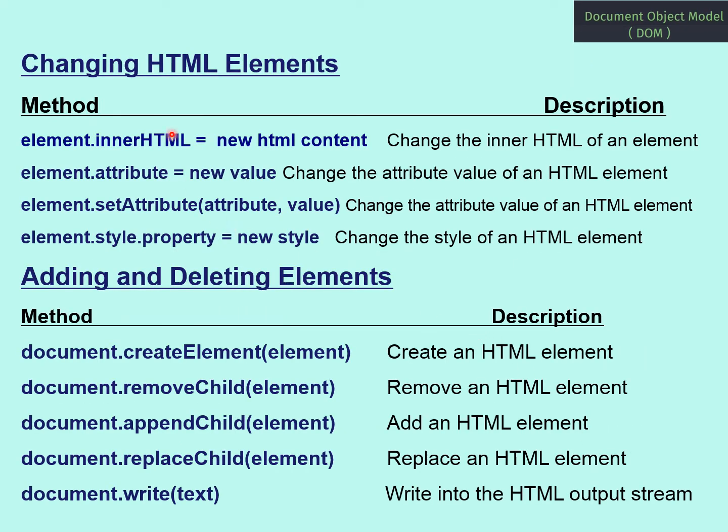Now we see some of the methods which are used for changing HTML elements. Element.innerHTML equal to new HTML content. This property is responsible for changing the inner HTML of an element. Then element.attribute equal to new value. This is responsible for changing the attribute value of an HTML element.